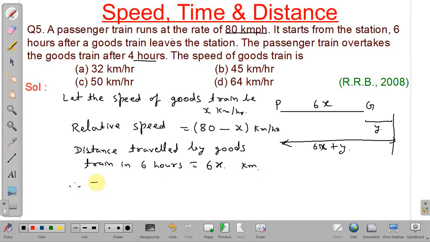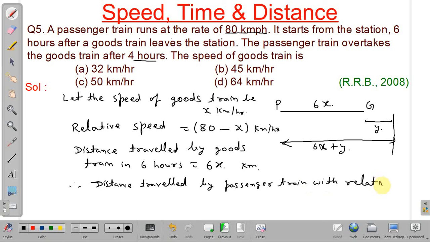Therefore, the distance traveled by the passenger train with relative speed must be equal to 6x, and we know the relative speed is 80 minus x, and time is 4 hours, because it is given as the overtaking time, and it must be equal to 6x.